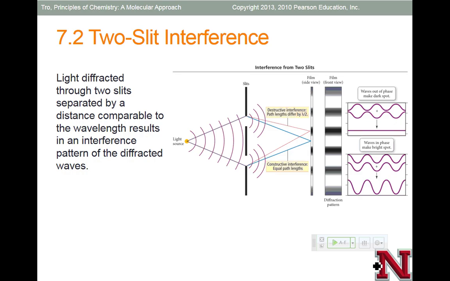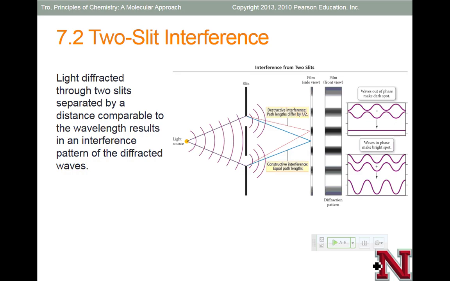If we're looking at a two-slit interference, let's say we set up a reaction, we have two slits, and then we have a second film here. We have a light that is able to span both. What's going to happen? So if it's a distance comparable to the wavelength, of course, if our wavelength isn't big enough to reach these two slits, this isn't going to be something we can talk about.